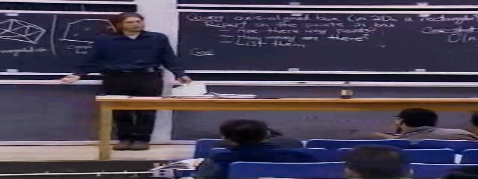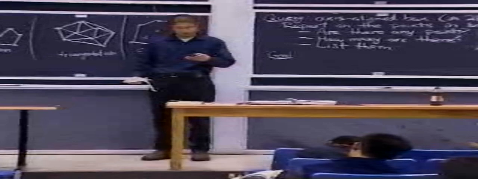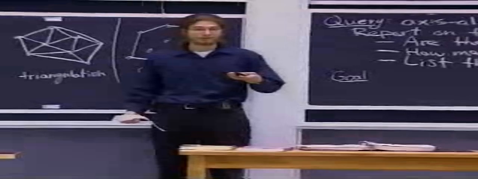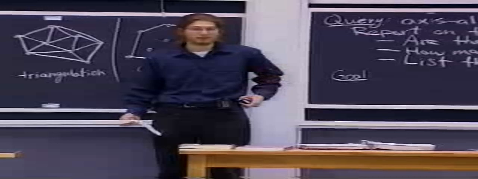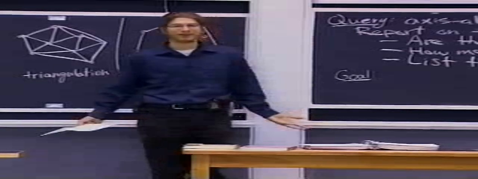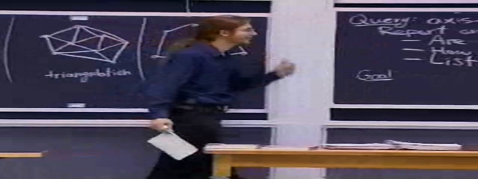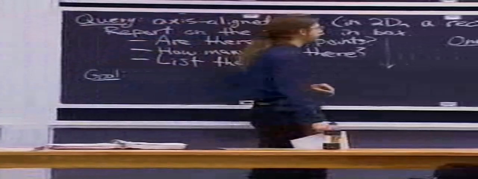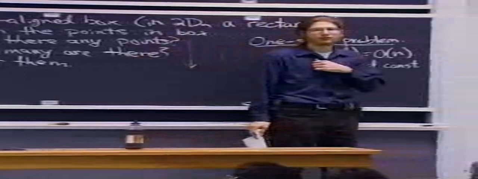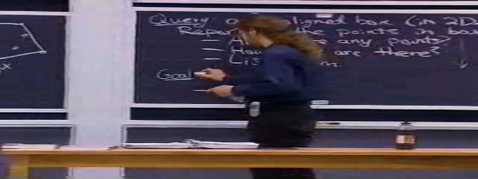But I have lots of queries. Someone goes up with your cell phone, and you press a button. You say, okay, I'm here. What's the nearest restaurant that has these specifications? There are a lot of people with a lot of cell phones. You walk down Boston, half the people you see are on their cell phone. So there are lots of queries. And the point set isn't changing very much. So this is called, I guess, a static data structure.